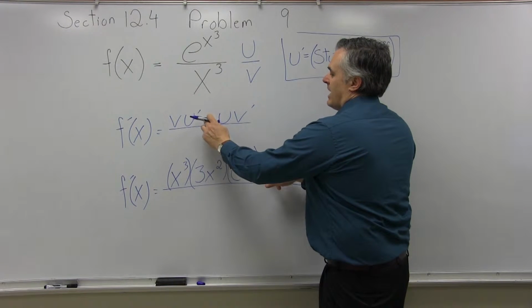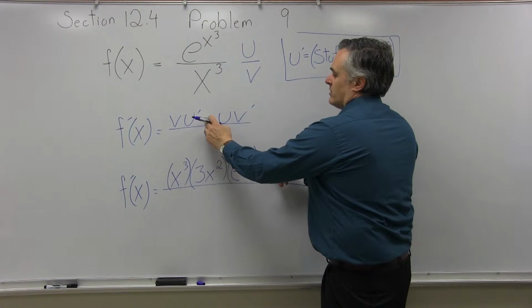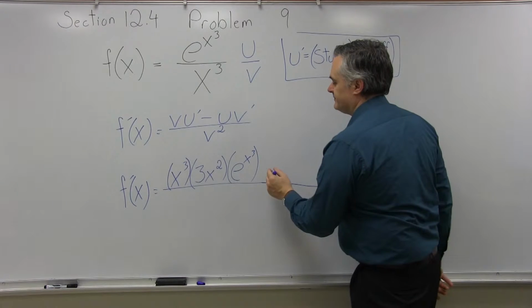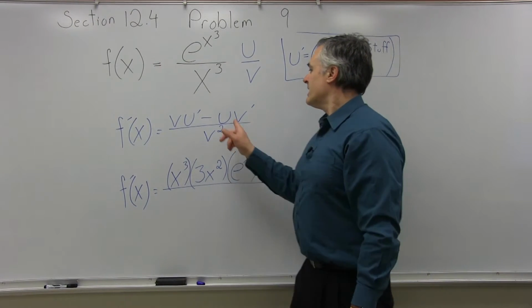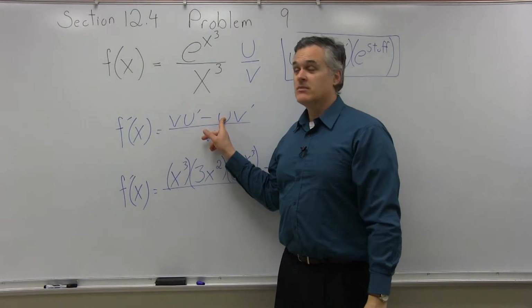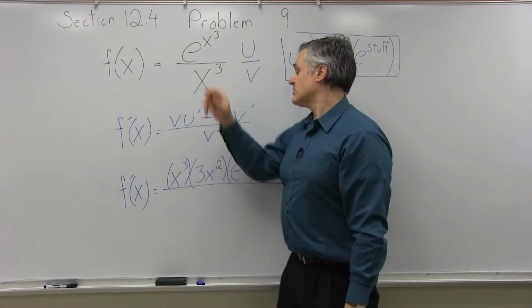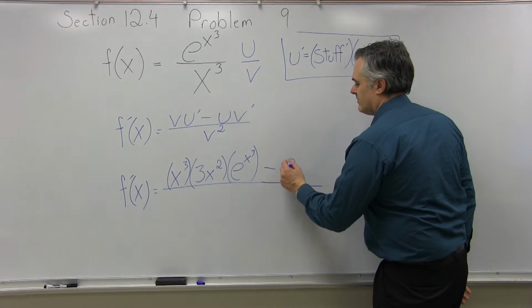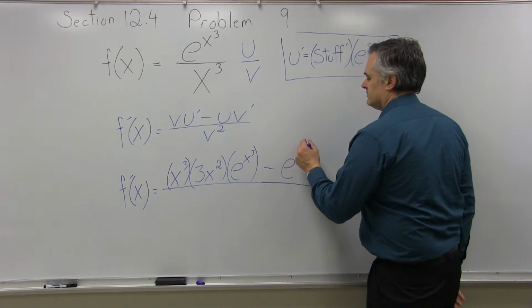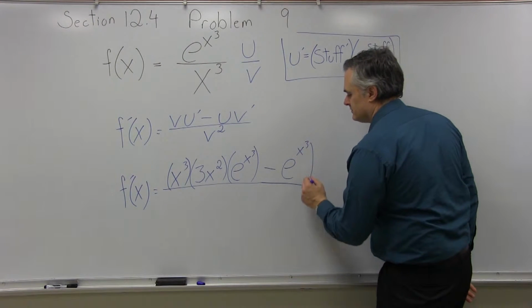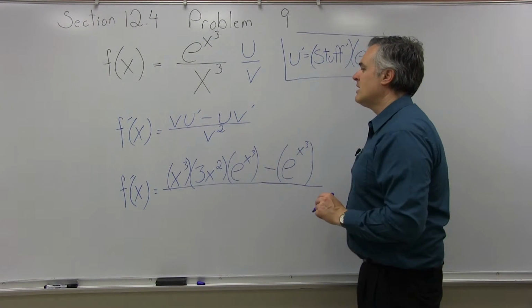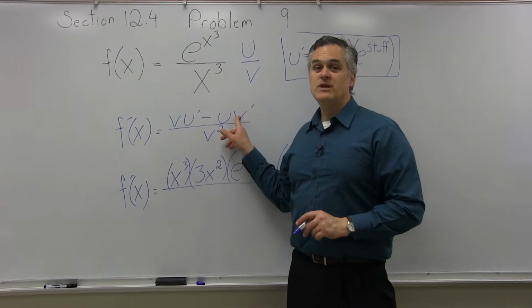So now I'm at the point of the quotient rule formula where I got to the negative. The next piece is u with no prime, so u with no prime is e to the x cubed power. And finally on the end, v prime.